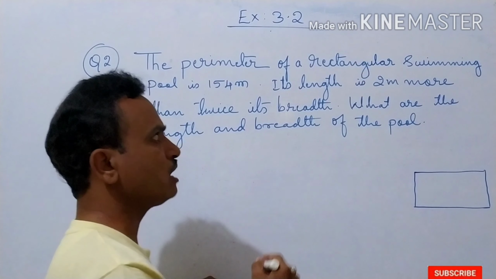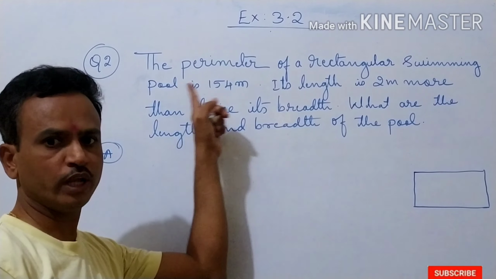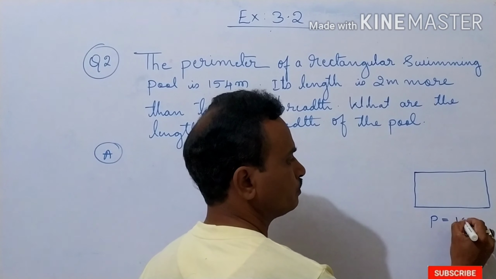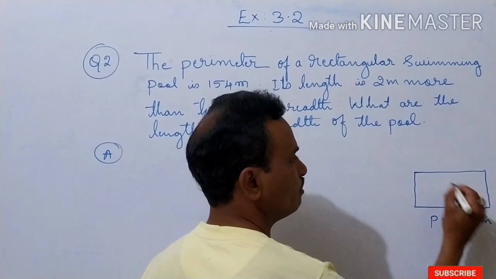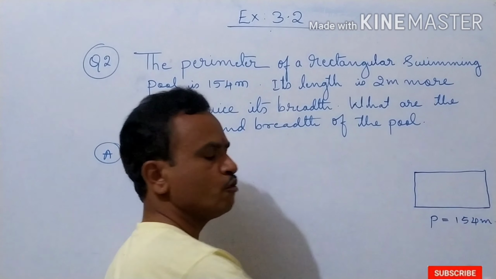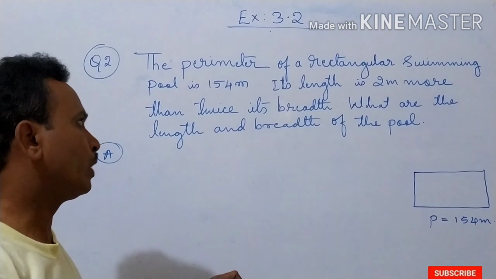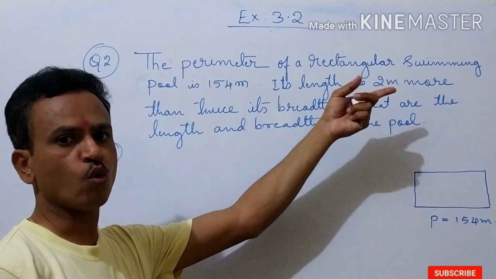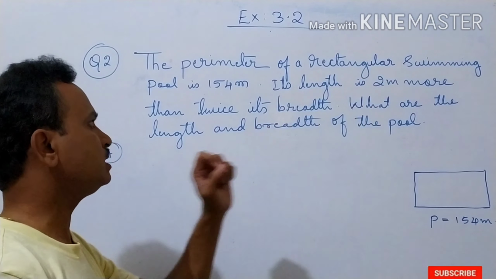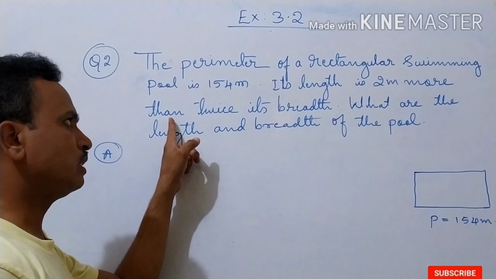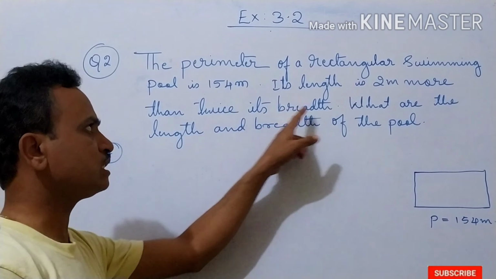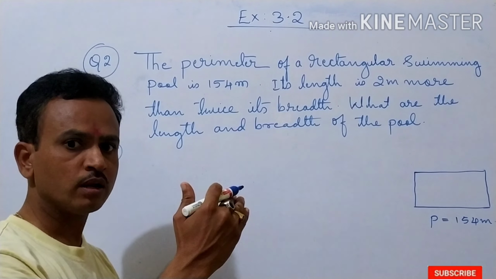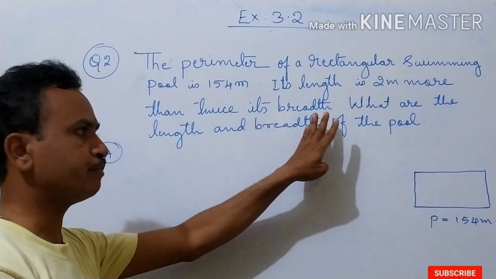The perimeter of a rectangular swimming pool is 154 meters. Perimeter is nothing but the sum of all the 4 sides. Its length is 2 meter more than twice its breadth.